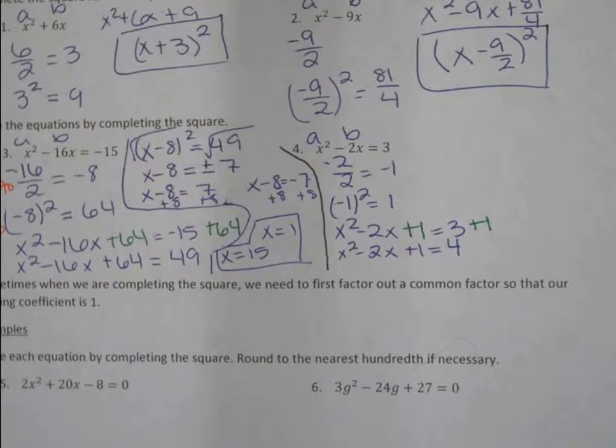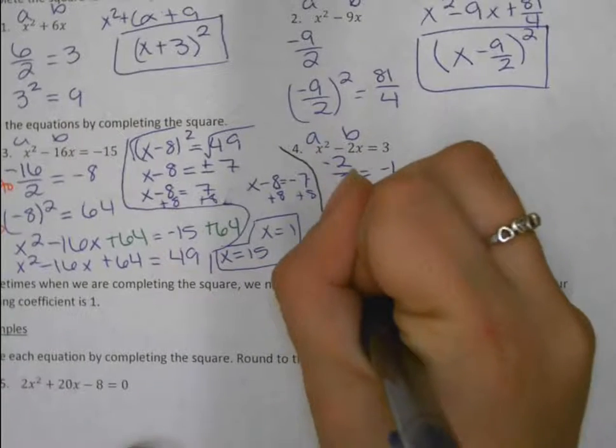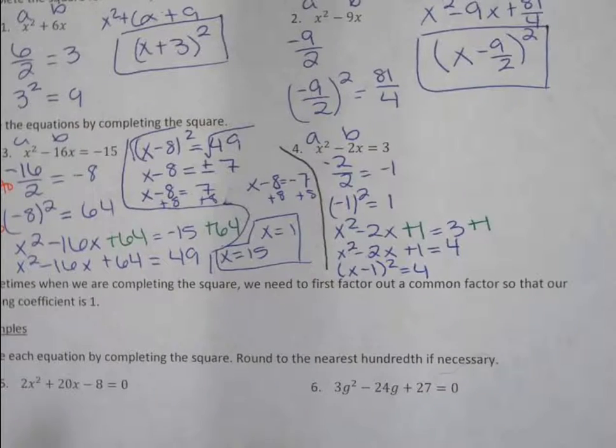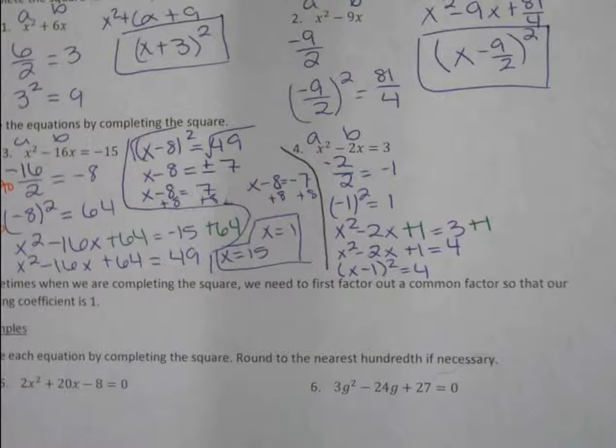Then I want to factor the left side, so what multiplies to 1 and adds to negative 2? Negative 1 and negative 1. So I have x minus 1 squared equals 4. Then what do I want to do next?